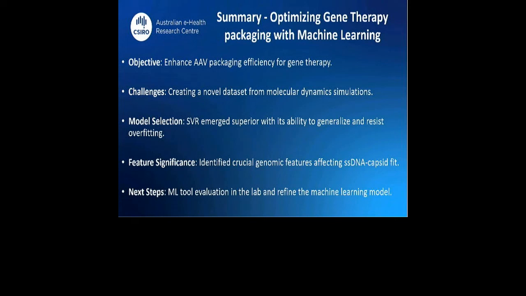Then we used this data set to train our machine learning model. The support vector regression turned out to be the most promising model for the task, with good generalization of the data, no overfitting, and good performance metrics. This model also helps us understand the key features to predict how the DNA fits into a capsid, and this insight paves the way to more efficient and effective gene therapy treatments.